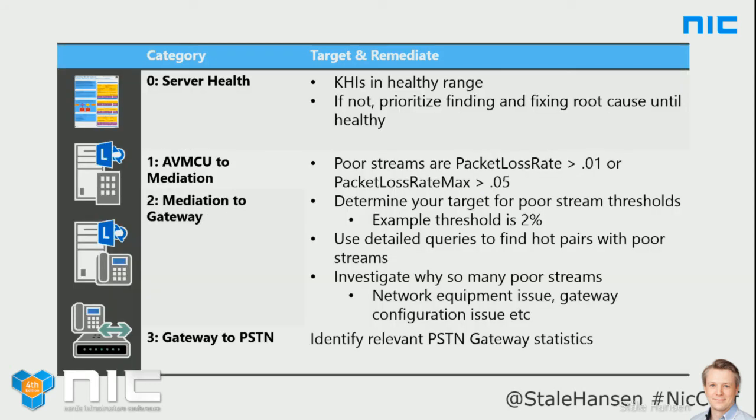And here are some good tips on what you should look after and how you can fix it. Key HIs on the server part should be in a healthy range. If not, fix it. AVMCU, poor streams, packet loss rate, and use detailed queries to find different front-end servers within a pool that are underperforming.